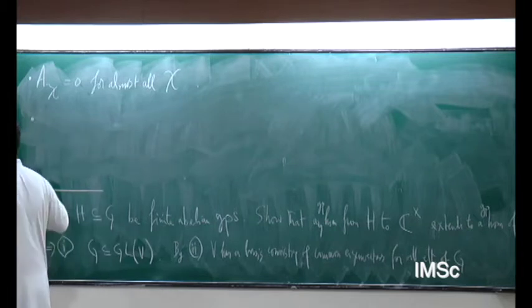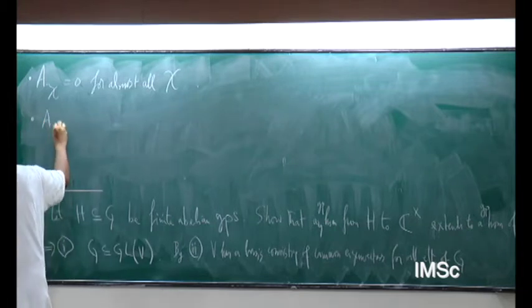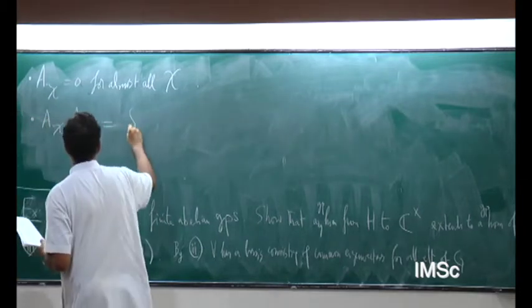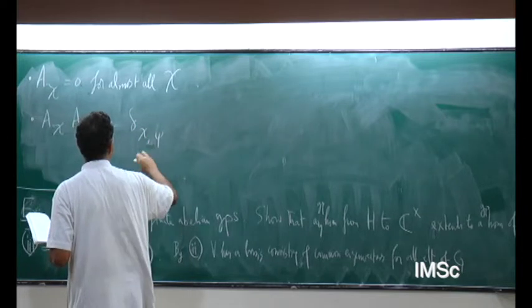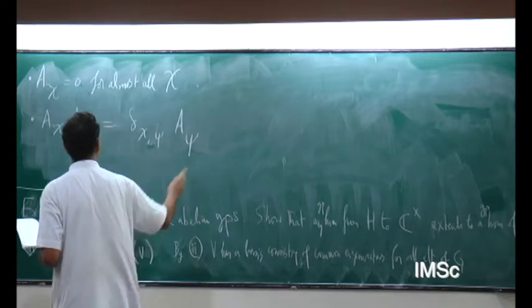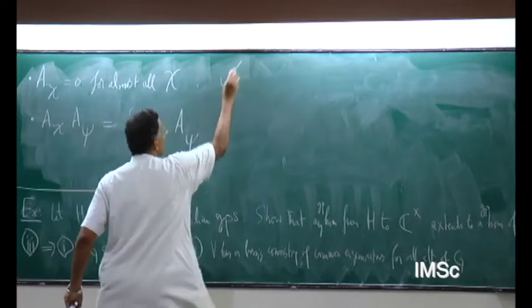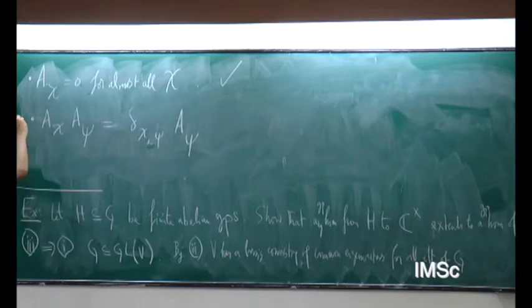Then the next claim is A chi A psi is equal to delta chi psi A psi. This requires some proof. The first one is almost immediate. So this we have done. This is a claim.